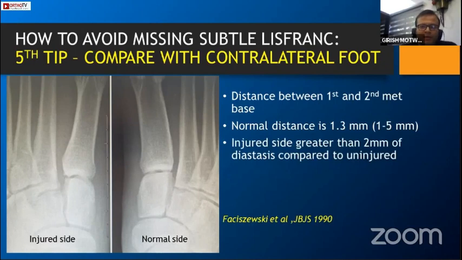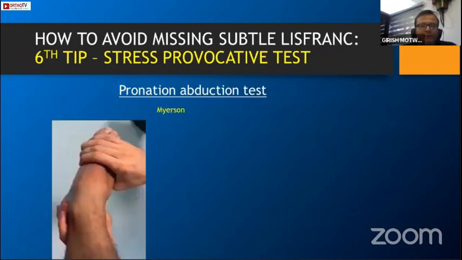If the diastasis is more than 2 millimeters greater than the uninjured side, always suspect Lisfranc injury, because with only one film you may be confused whether it is more than 2 or less than 2, but if you compare with the contralateral side, you will get more idea: no, it is broken.